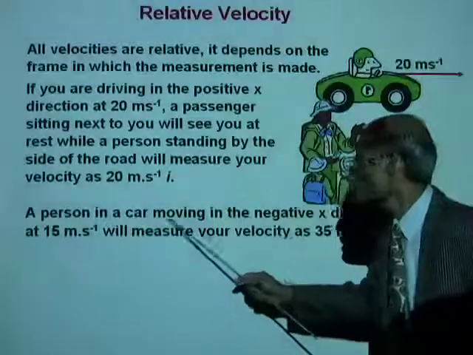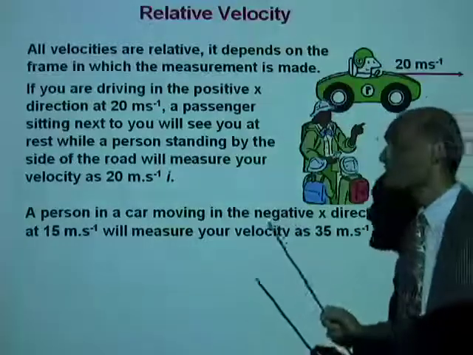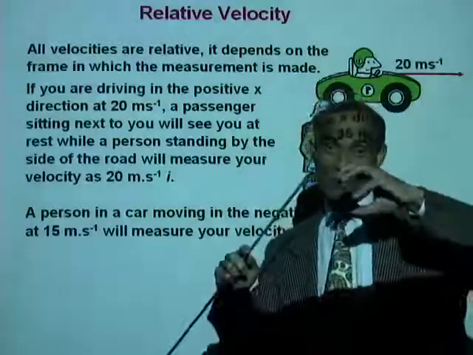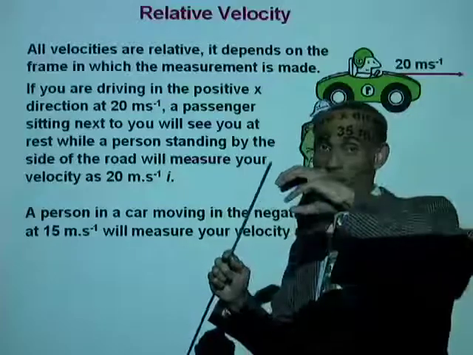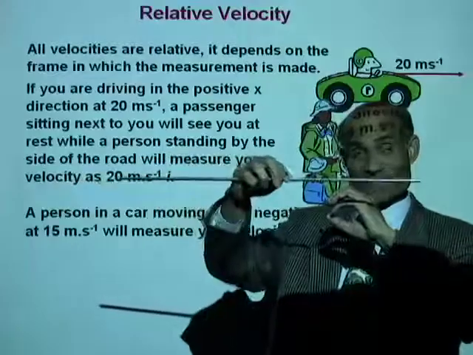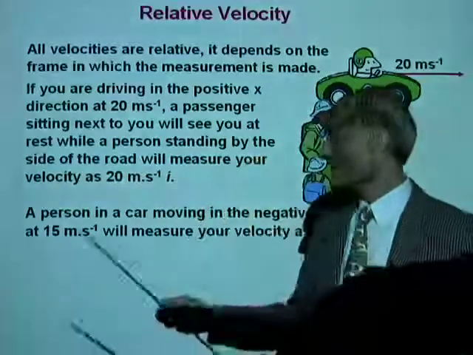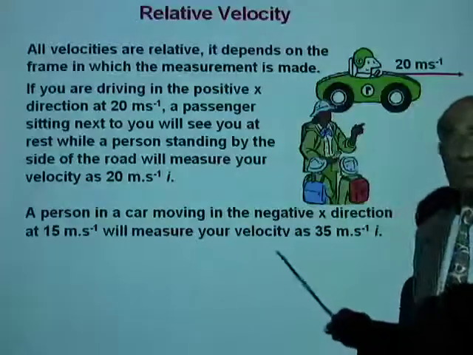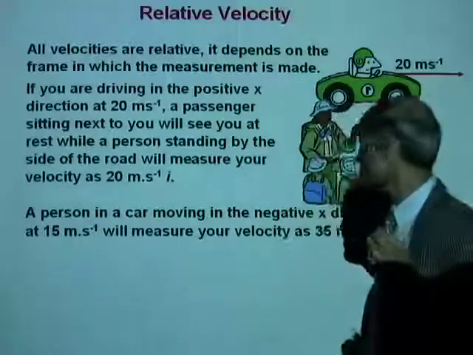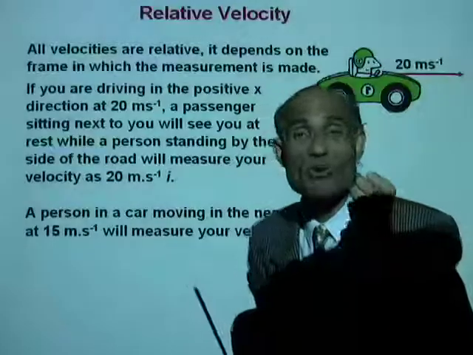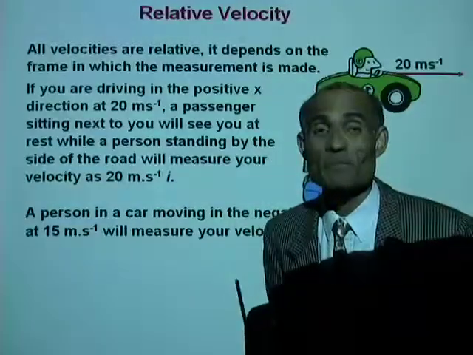A person in a car moving in the negative x direction. Alright? Now you are in the car that goes east. Another car is going west in the opposite direction. A person in a car moving in the negative x direction at 15 meters per second will measure your velocity, and what will that velocity be?